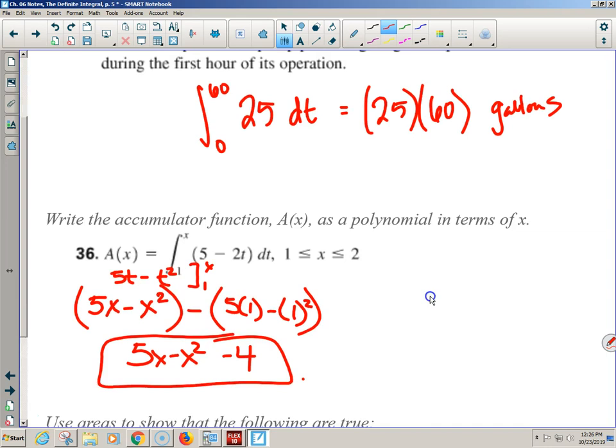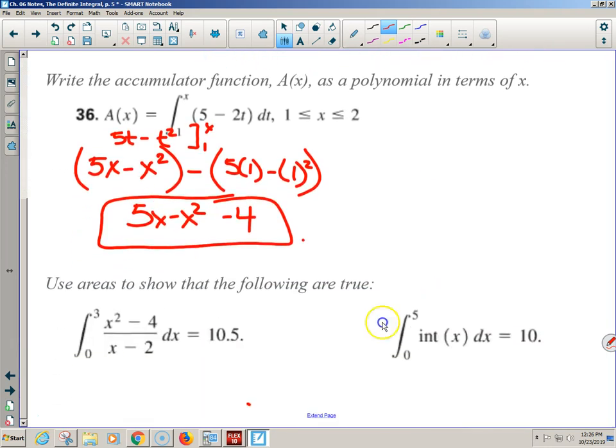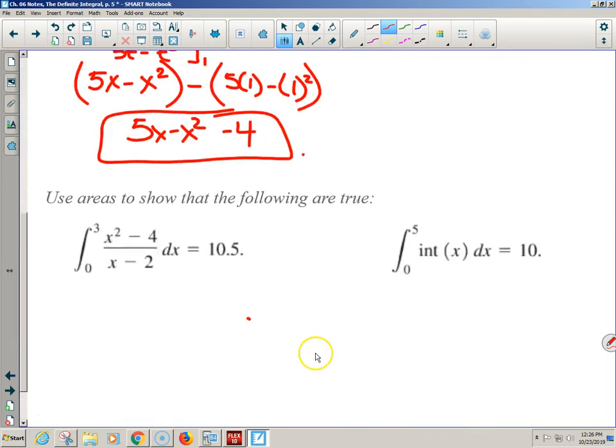Okay. What's going on next? Wait. How do I integrate? This is a step function.